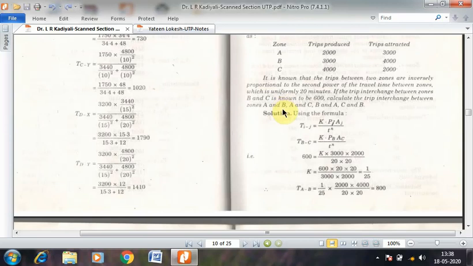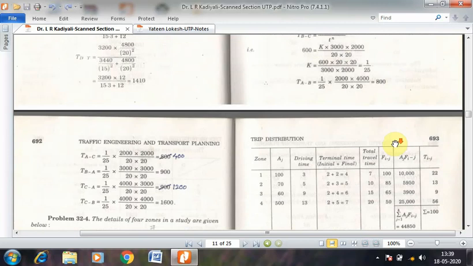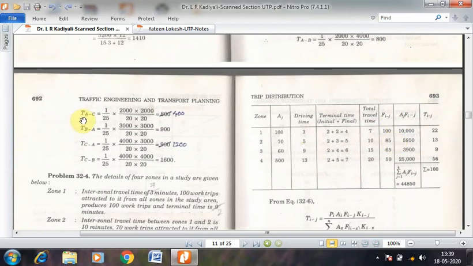On similar grounds, try to find out T_AC, then T_BA, and then T_CB. So T_AC is 400, T_BA is 900, T_CA is 1200, and T_CB is 1600.